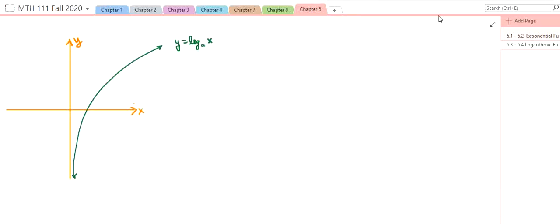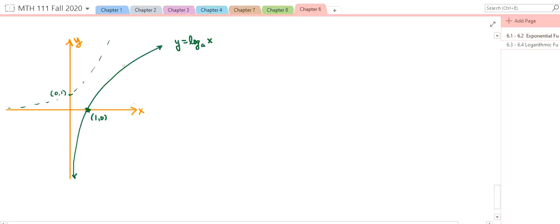Okay, one last topic on log functions. Notice that we cross the x-axis here with a typical log function of this form. We always cross at the same point, 1, 0. Because remember, your exponential function always crossed at 0, 1, so this is going to be the inverse of that.